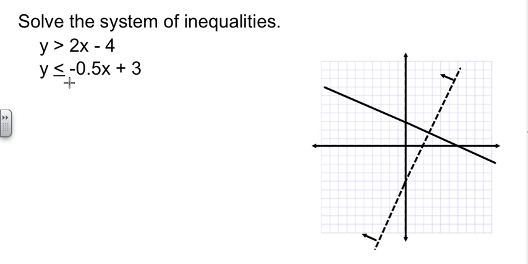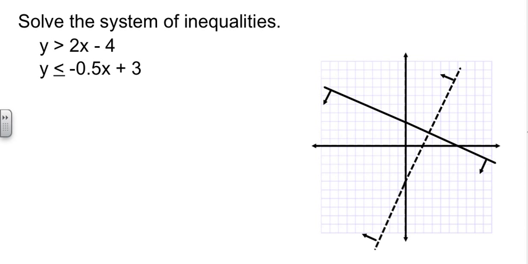Plugging in our 0 and 0. 0 is less than 0 plus 3. Certainly 0 is less than 3 is true. So I need to shade in this direction for this line. Shade toward the 0, 0 point. So now I'm all set to do my final shading.